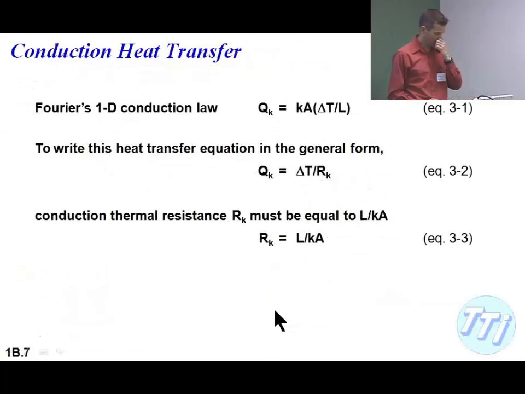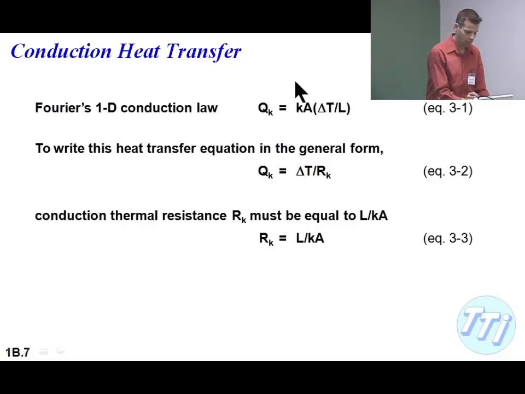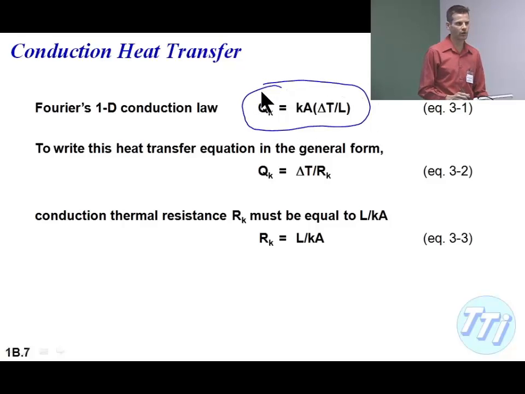Real basic stuff, right? Okay, conduction heat transfer. This is about as detailed into the mathematics as we're going to get in this course, but this is what's called Fourier's 1D conduction law. It describes how heat transfers in one dimension in a solid object.